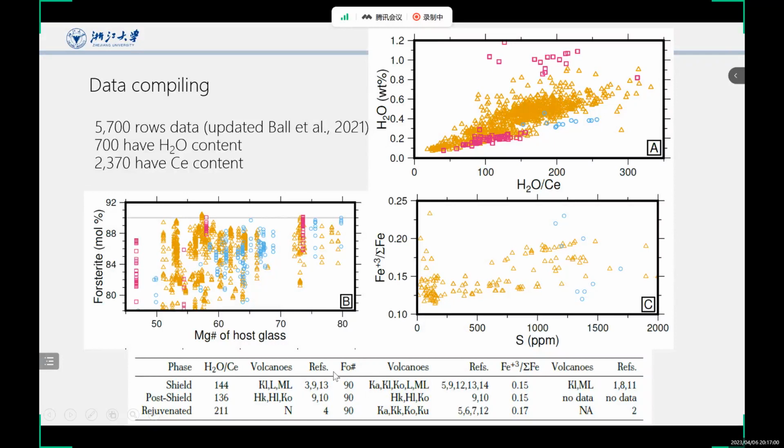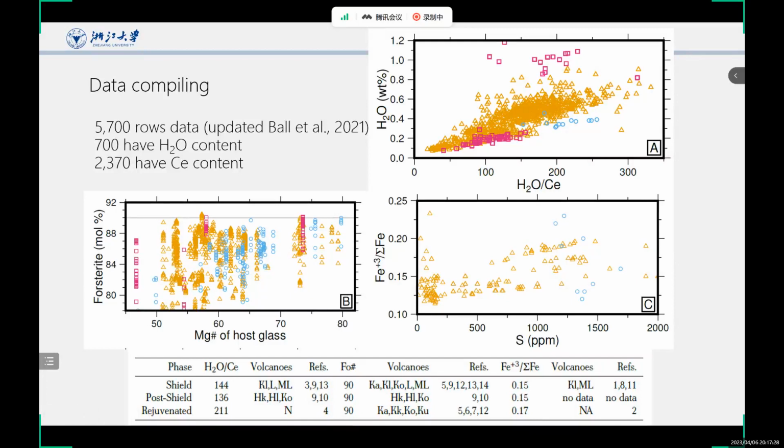So when they calculate the primary melt, they will use this value because their target melting Fo value is 90. And they also need the Fe3+/total iron ratio to estimate the primary melt.